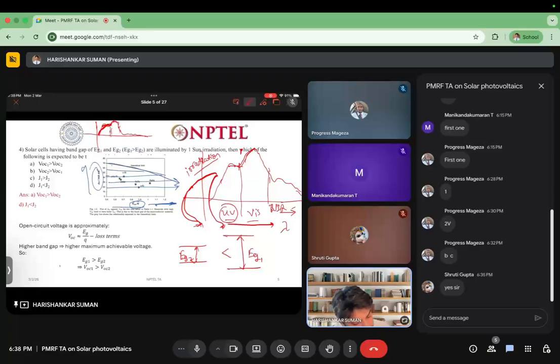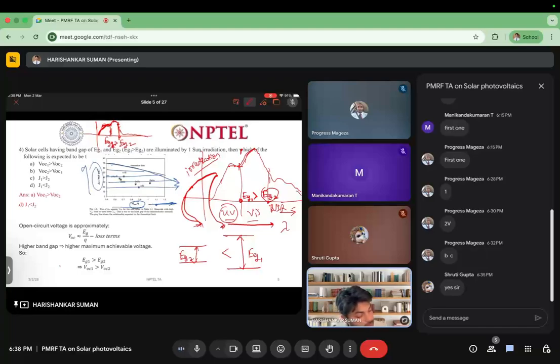Let's say Eg1 is here and Eg2 is here. Got it? Because Eg1 has the higher band gap, Eg1 is here and Eg2 here, according to this point.